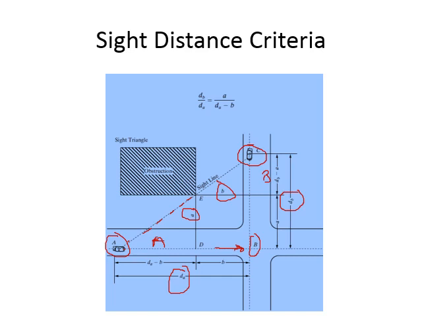So a and b are the distances to the obstruction, and dA and dB are the distances to the intersection from the points where the drivers can see each other. So now you see this dotted line, or let me remove these things from here.